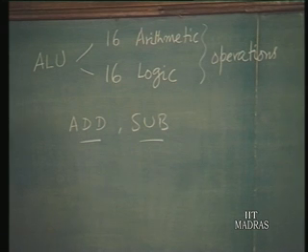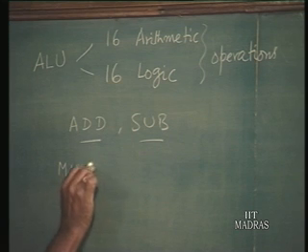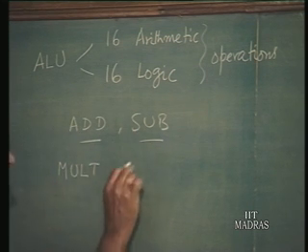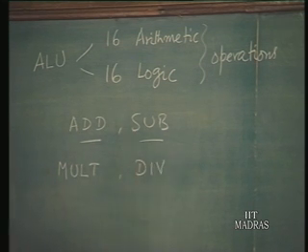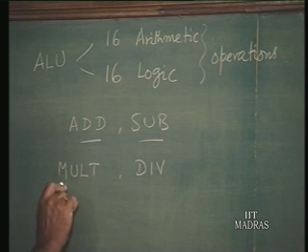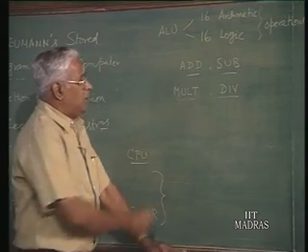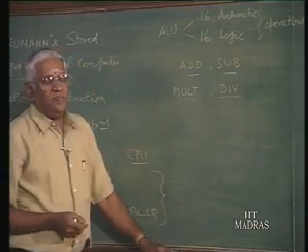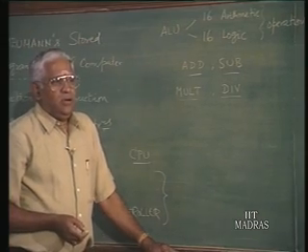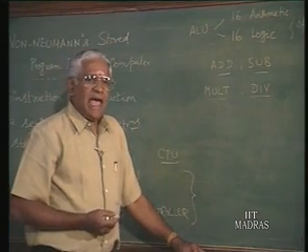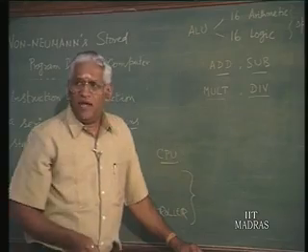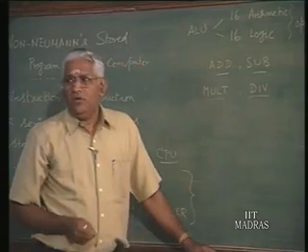The next step in arithmetic would be for instance having a multiply instruction or a divide instruction. Suppose we want to add this multiply instruction and divide instruction also, then you need the necessary unit for this. For instance, we may say add a multiplier unit and add a dividing unit.